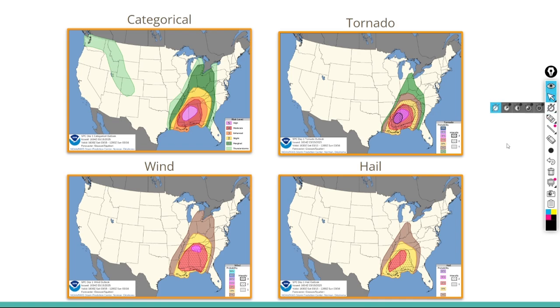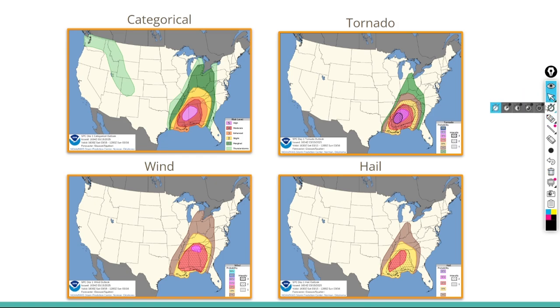And then down here in the bottom left we have the wind, with SIG 1, meaning a little bit of intense winds, probably up to 75 miles per hour, maybe. And then we have our hail, which has a little bit of significance as well, with probably maybe up to 2 inches in diameter.